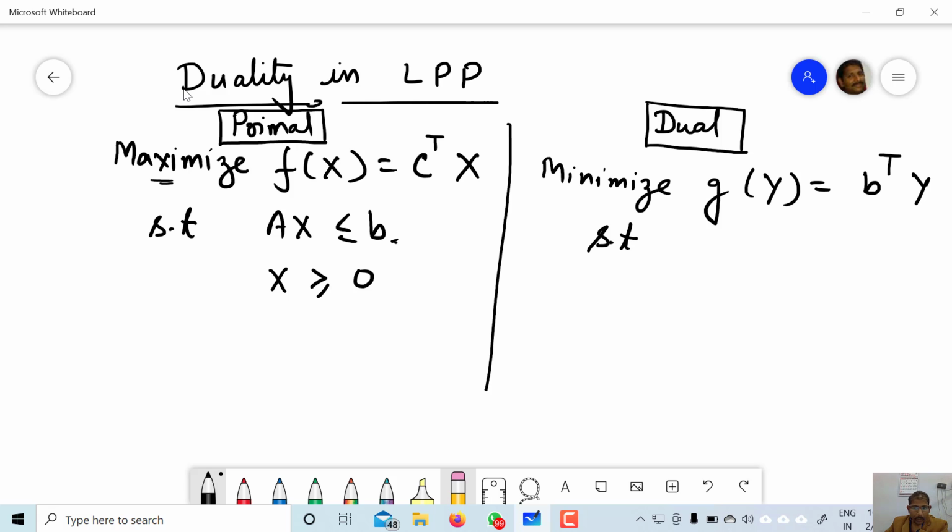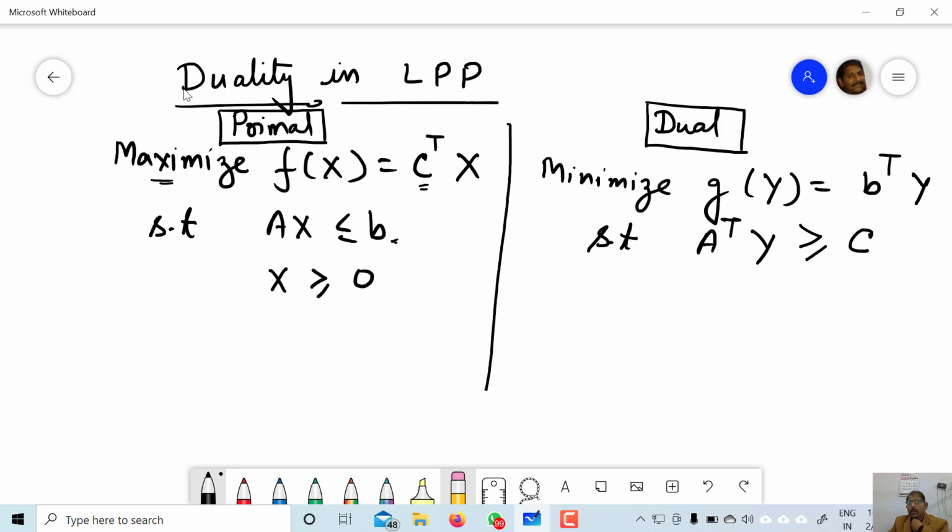Subject to A transpose y. Here this was less than or equal to, and now it will become greater than or equal to, and you will take C, because I have told you that this will come here and this will come here. This is the objective of the primal problem and it will come into the condition, and the condition of the primal problem will come into the objective of the dual problem.